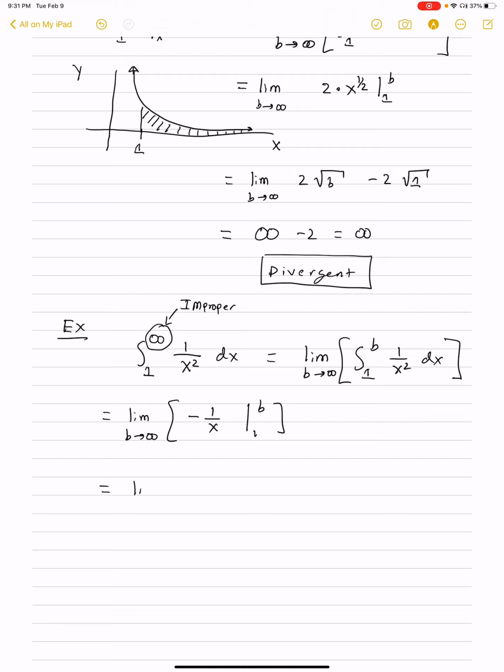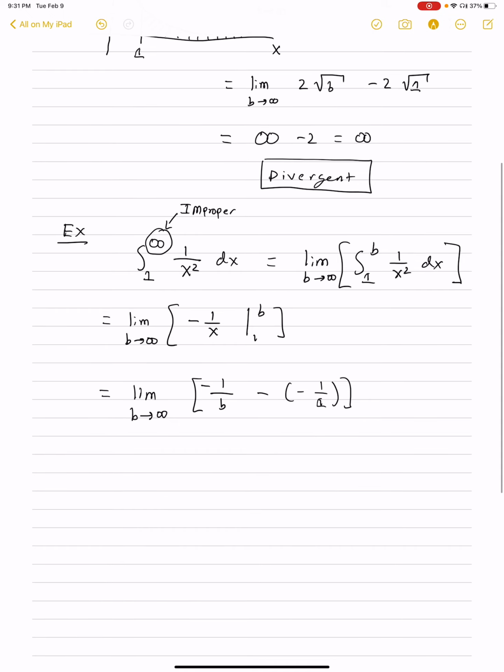When we evaluate it, we're going to get this. As b goes to infinity, this limits to 0, and that second number is 1. So this has a value of 1.